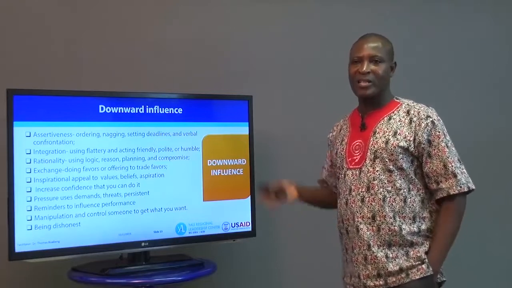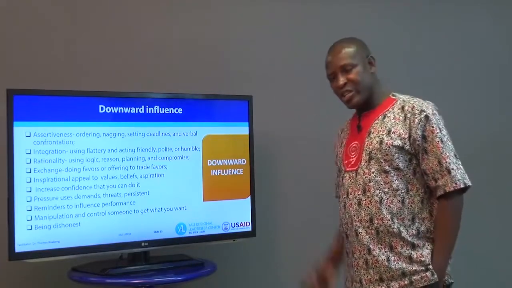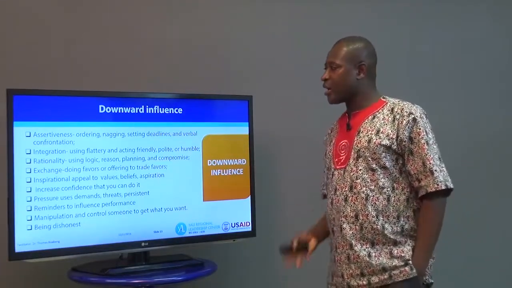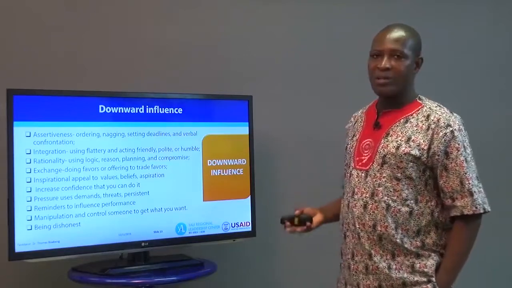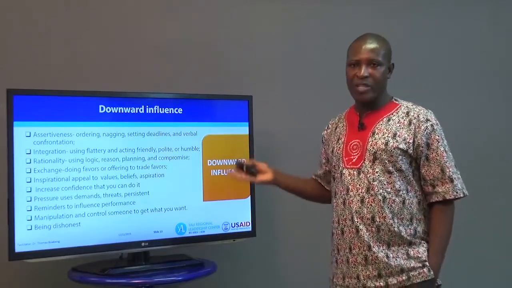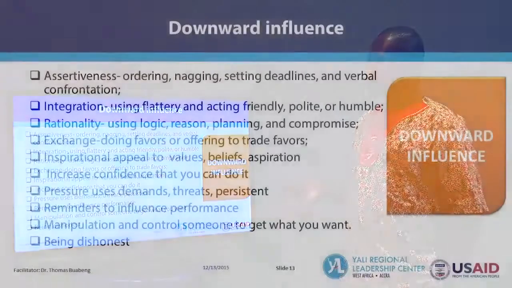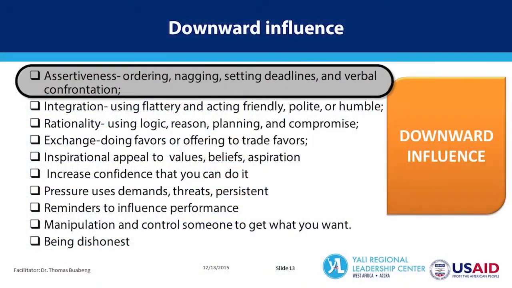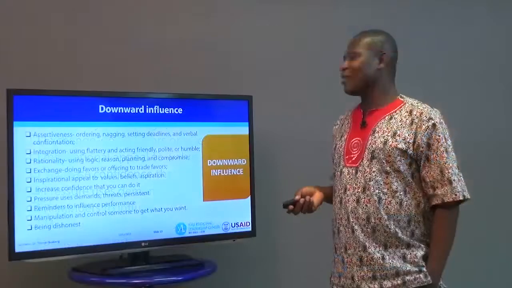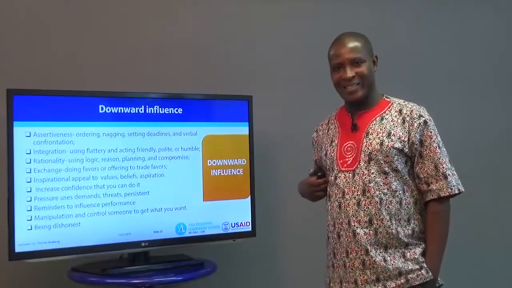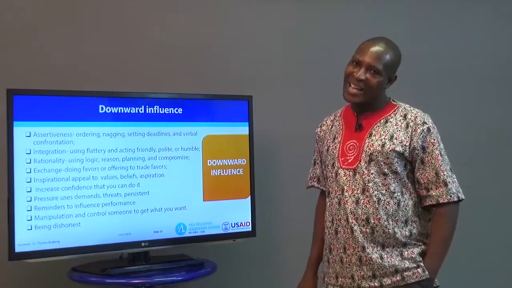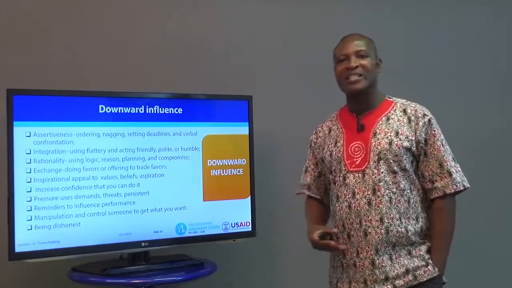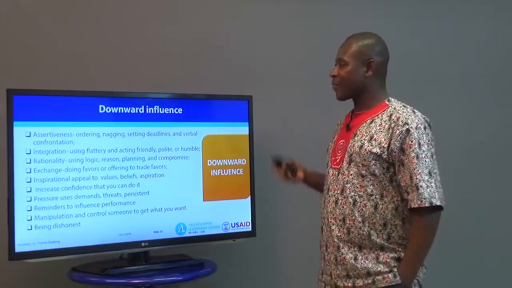And so these are the downward influencing tactics. What it means is that superiors are trying to change and influence the behavior of subordinates. These are some of the ways by which they do that. Assertiveness, very important. When we say they assert themselves, they do many things, including nagging. They will nag and nag and nag, and you give up and say, let me go and do it. Order.